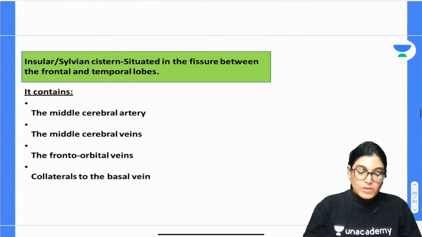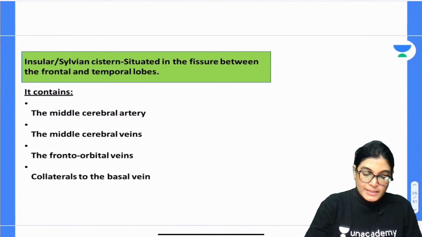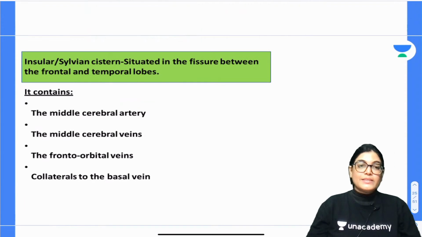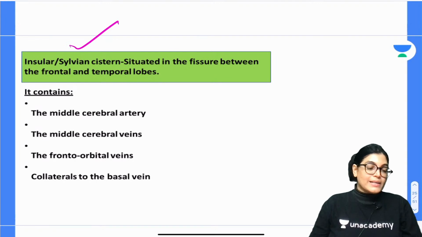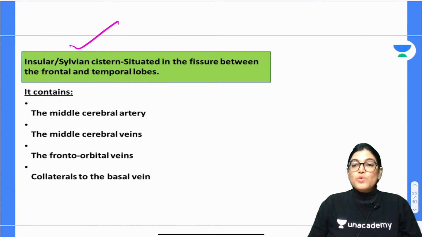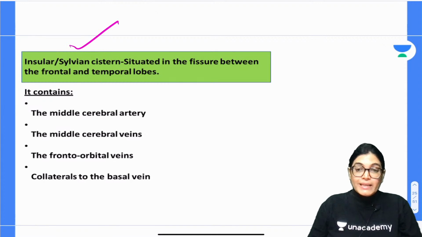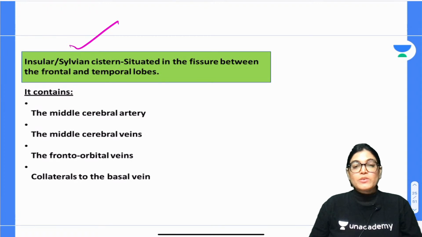Okay, so I would also like to talk about a few minor cisterns, whose location and contents you just have to know. One of the cisterns, as the name already makes clear, is the insular cistern or sylvian cistern. In the functional areas of the brain, we discussed the stem of the lateral sulcus. The sylvian cistern or the lateral sulcus is the same name for both, a very prominent sulcus on the superolateral surface starting from the basal aspect of the brain.